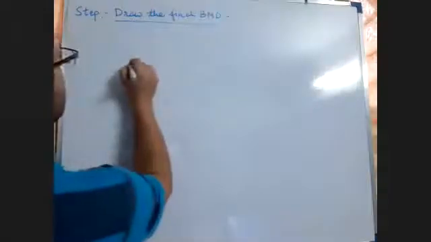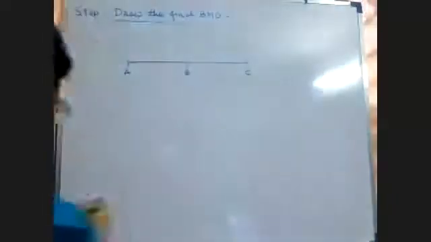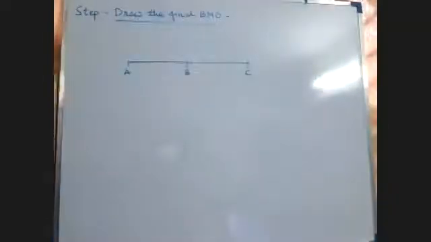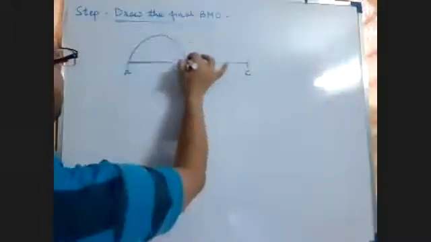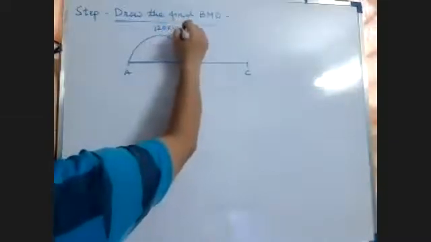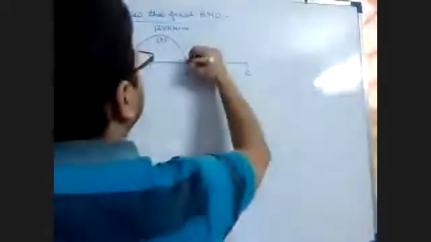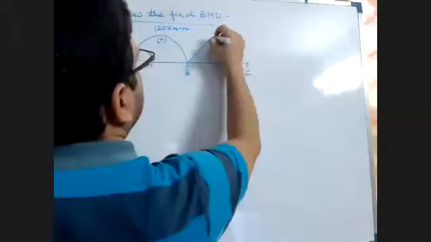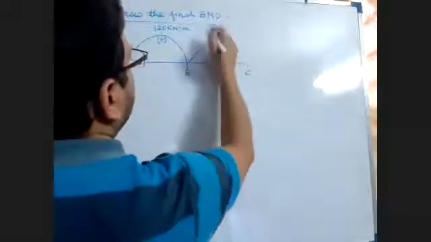Okay. So I have drawn A, B, and C. I have drawn this diagram. So first I will draw the free bending moment diagram. The maximum value was 120 kilonewton meter, plus, and this was 75 kilonewton meter.